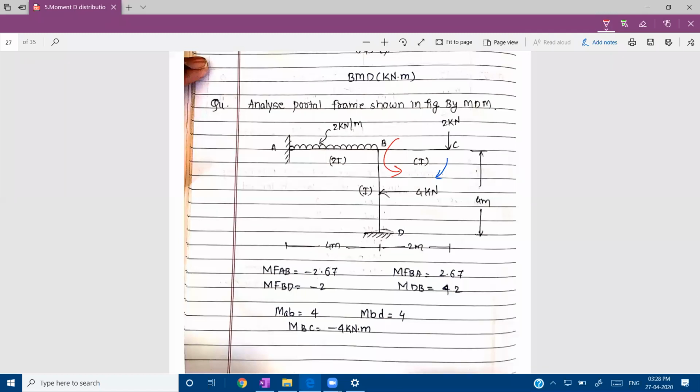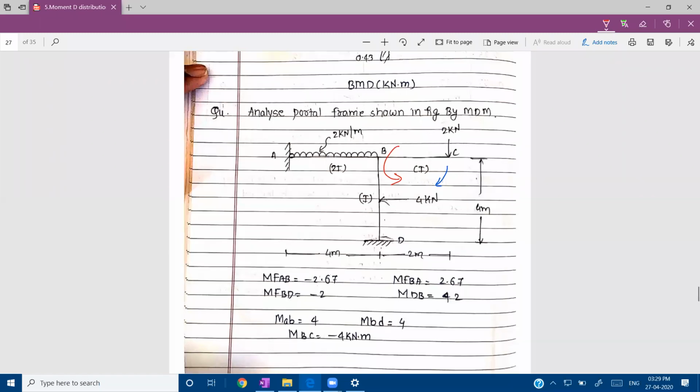We also know that the sign of moment should be given to the restoring or opposing moment. This restoring moment is anti-clockwise, therefore the moment of BC will be negative here. Why negative? Because the acting moment is clockwise, so the restoring moment will be anti-clockwise, therefore MBC will be an anti-clockwise moment.